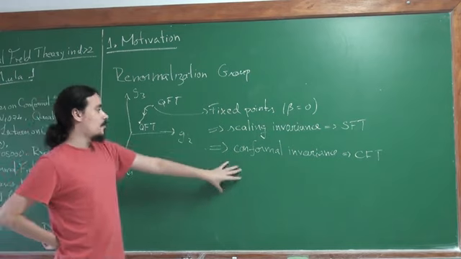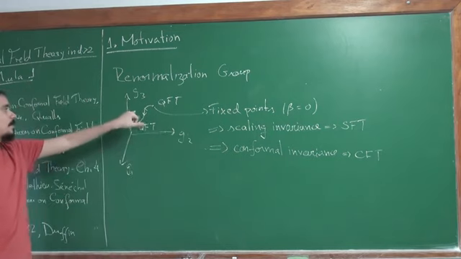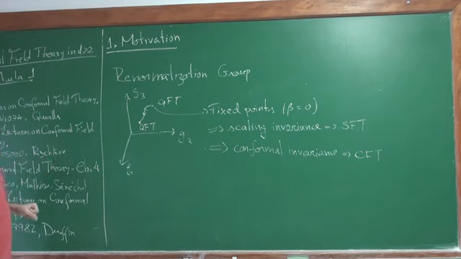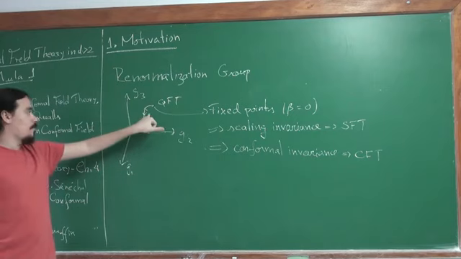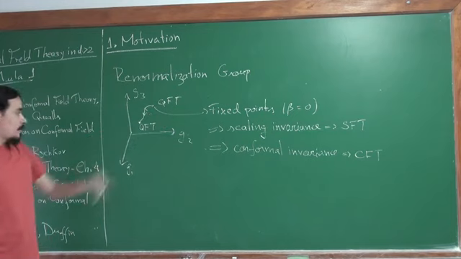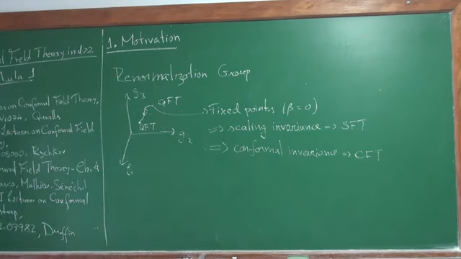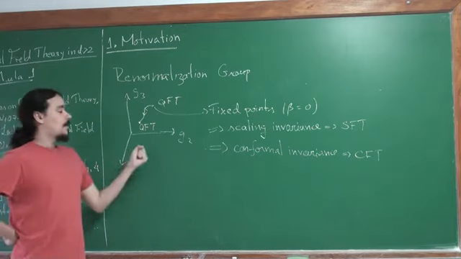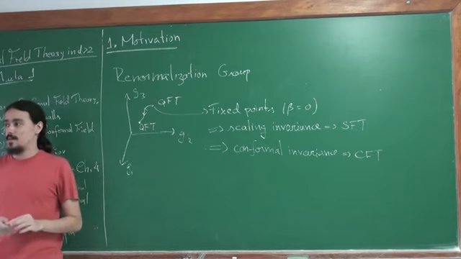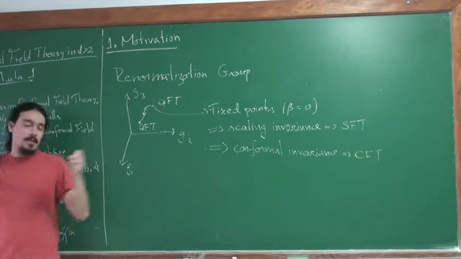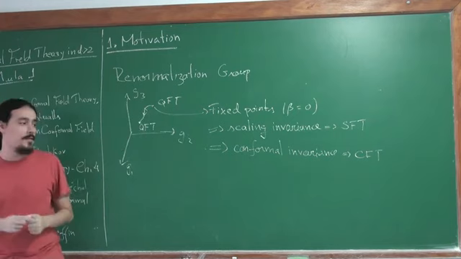Okay, so this is the way that conformal field theory can arise in a general quantum field theory. And there are arguments that show that any quantum field theory can be understood as a point along a flow between 2 conformal field theories.